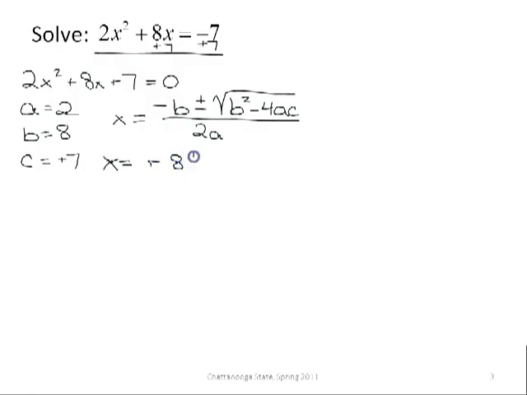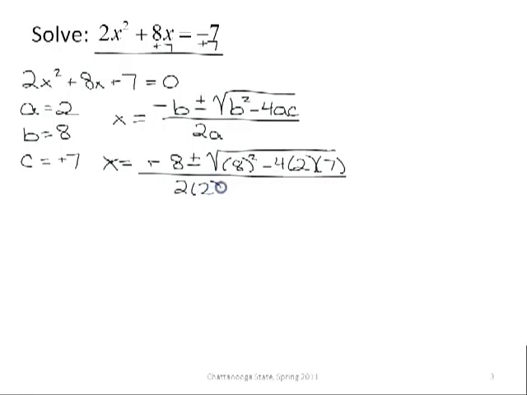So I'm going to have a -8 plus or minus the square root of b squared, which will be 8 squared, minus 4 times a, which is 2, times c, which is 7. All of that over 2 times 2.